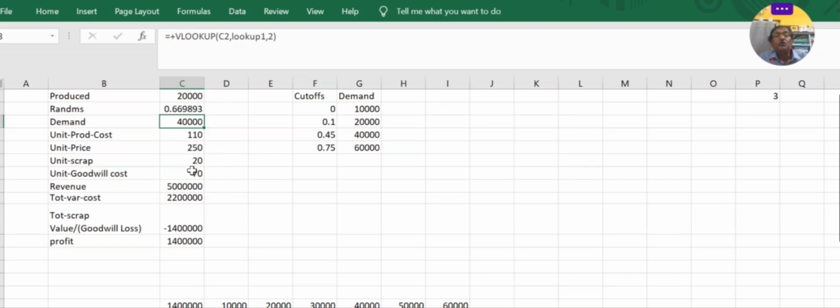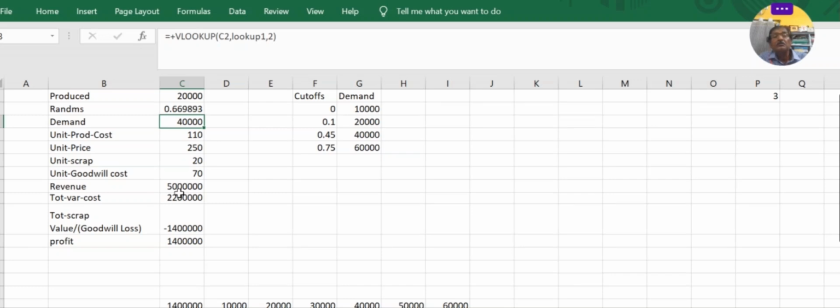If this is the input, then for revenue, you have sold a maximum of 20,000, because though the demand is more, you have produced only 20,000. So your units sold will be 20,000. Per unit sale price is 250, so this is the revenue amount, 50 lakhs of rupees.